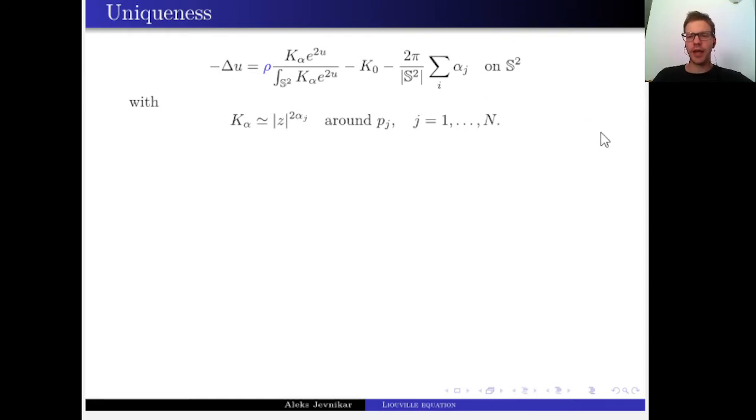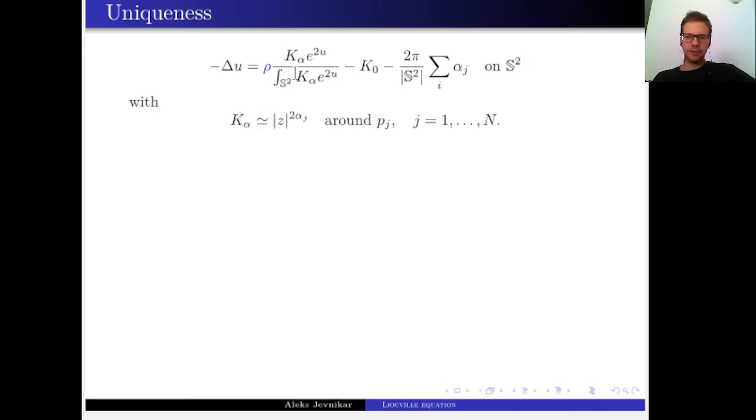This is on S2, and I study uniqueness depending on this parameter rho. If you want to get back to the original geometric problem of prescribing the Gaussian curvature, you have to choose rho to be a specific geometric quantity.